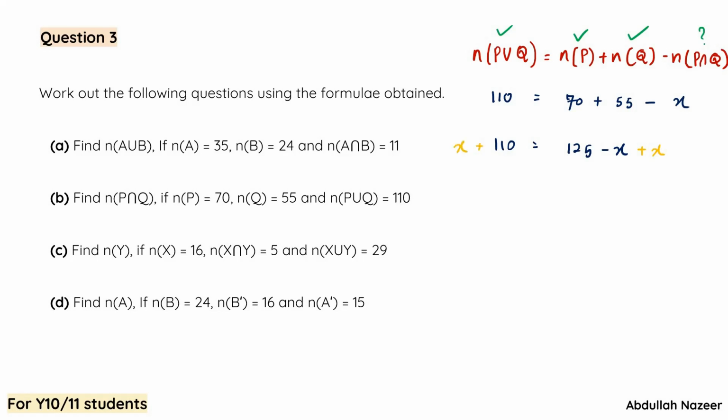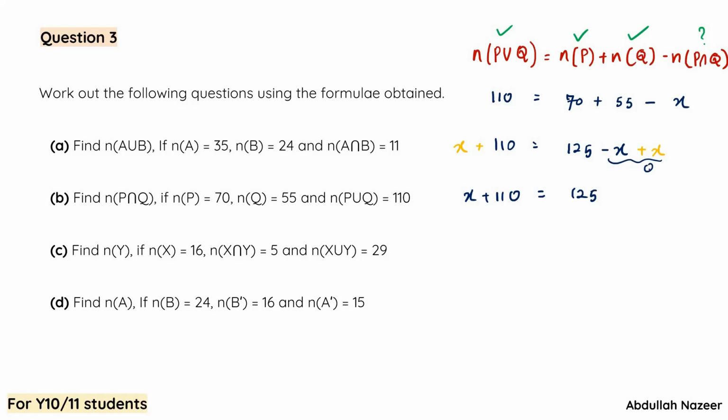Now if I add X to both sides of the equation, then I can write X plus 110 equals 125, and this minus X and plus X will just cancel each other. That's just 0. Now I can move the 110 to the right hand side.